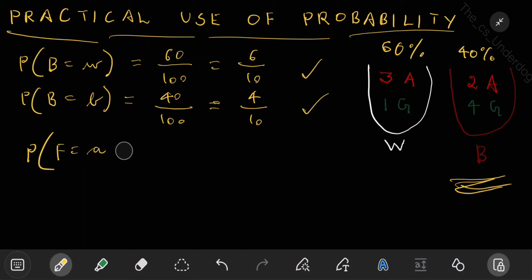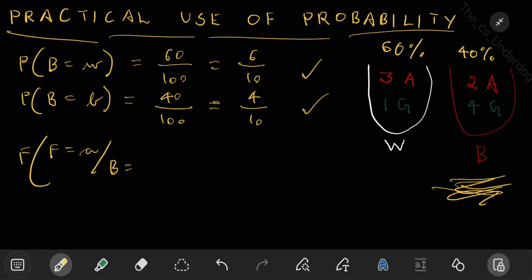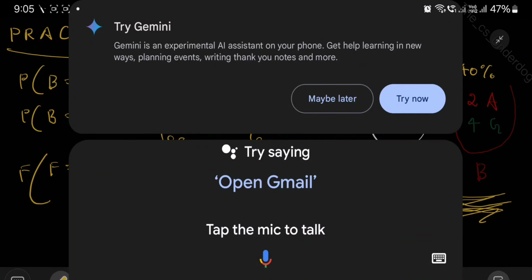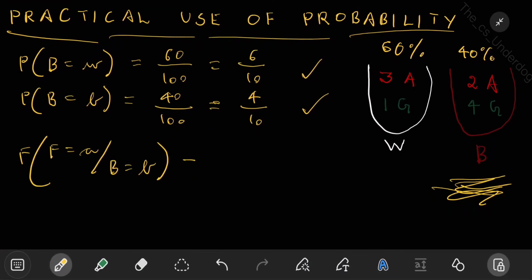Here also the rule of total sum equal to 1 would hold. If I take one particular bag, the probability of fruit equal to apple given bag equal to brown, plus probability of fruit is equal to guava given bag equal to brown.